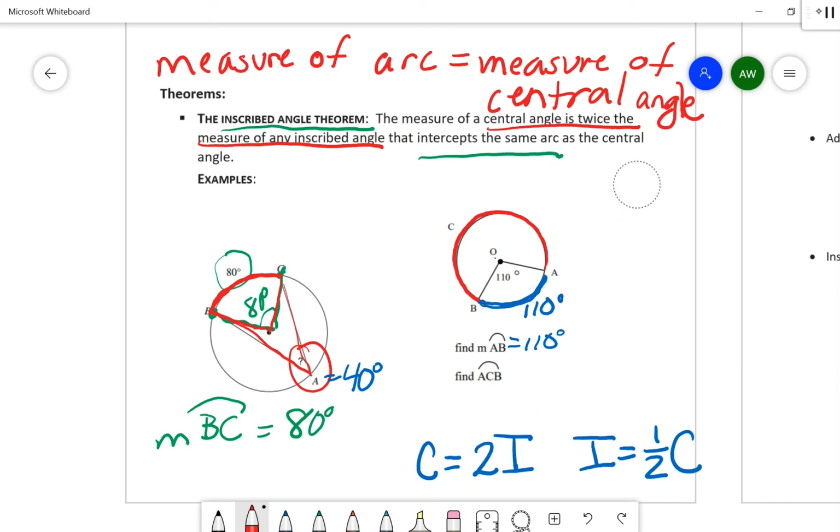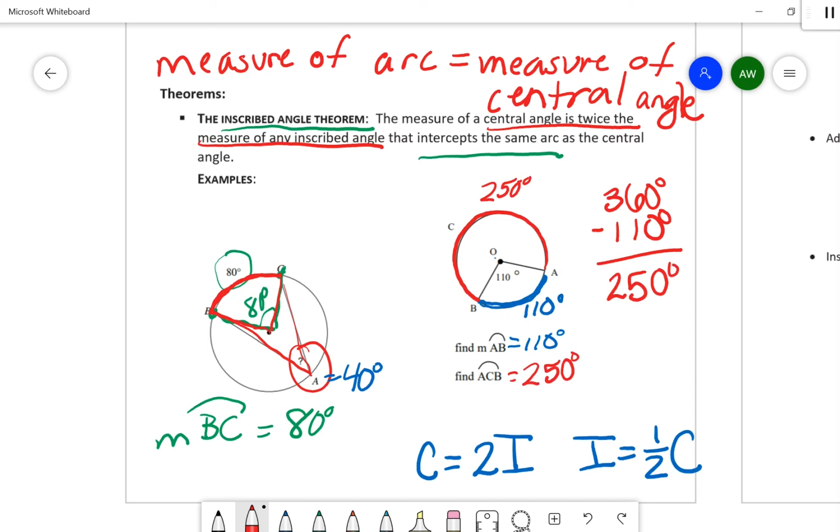So if I want to find the major arc, all I have to do is subtract from 360 degrees. I just take 360 degrees, which is my entire circle. Then I subtract off the arc that I have, that minor arc. I subtract the 110, and then we get 250 degrees. So that means that arc ACB, our major arc in this case, is 250 degrees.